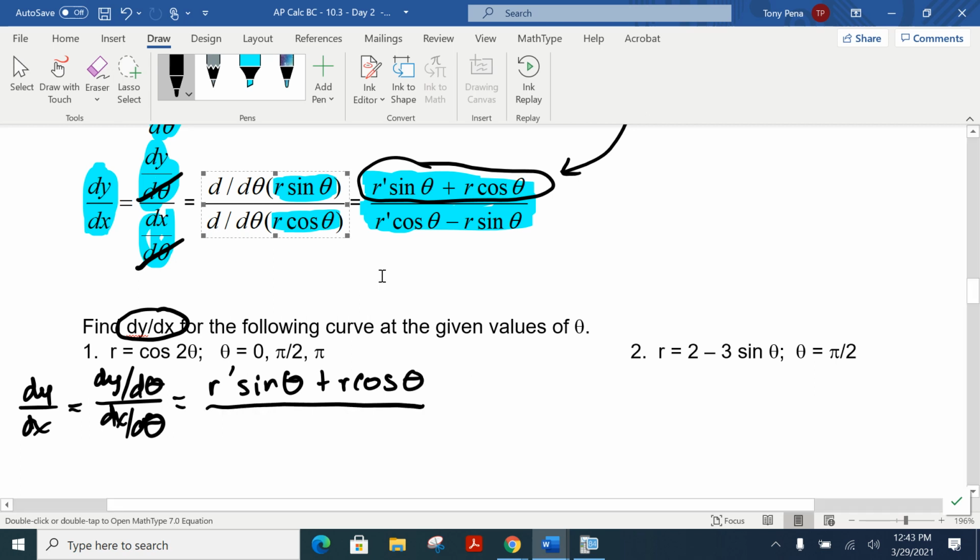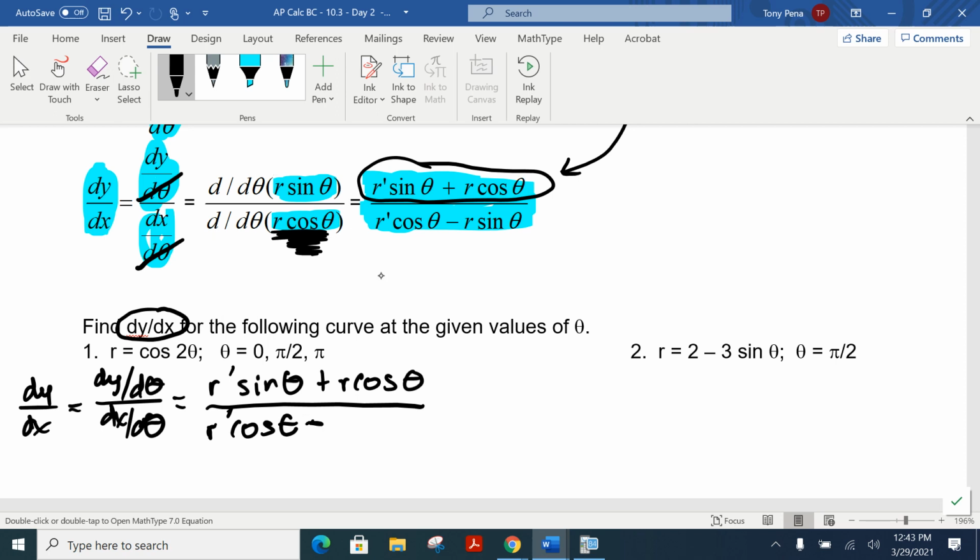Same thing in our denominator. Here is what x is equivalent to: x is r cosine of theta. So if we do our product rule, take the derivative of that, it would produce the r prime cosine theta minus the r sine of theta. What's going on up here?